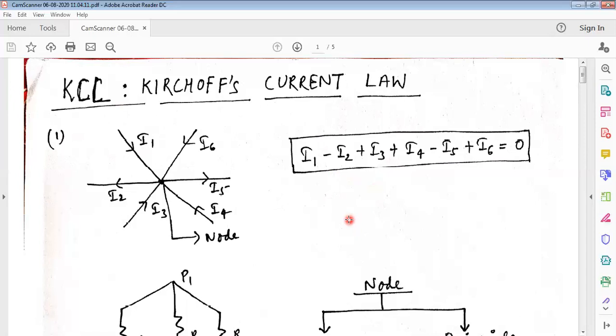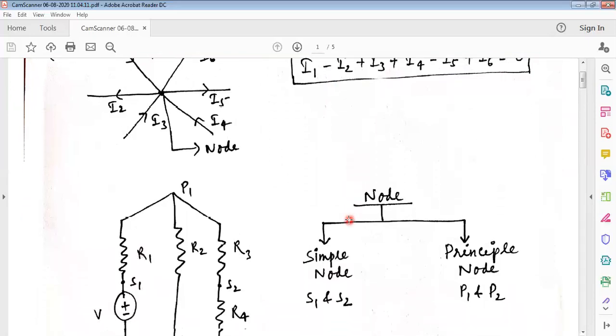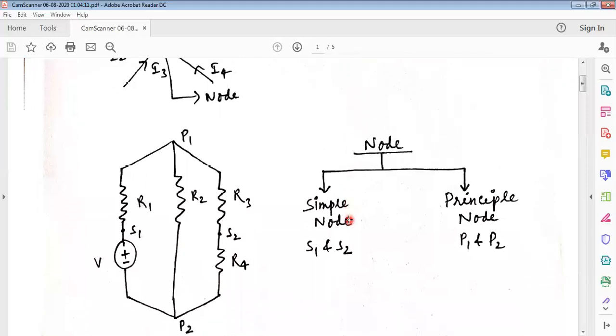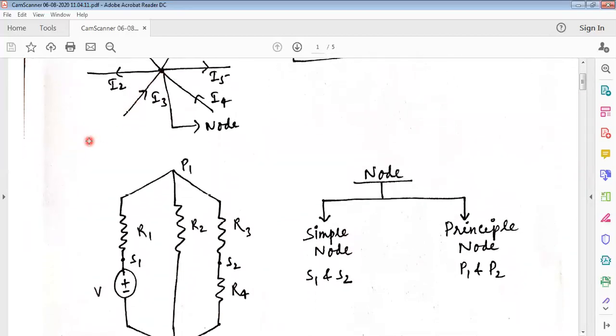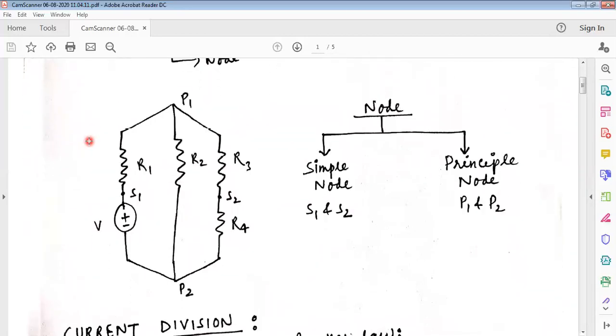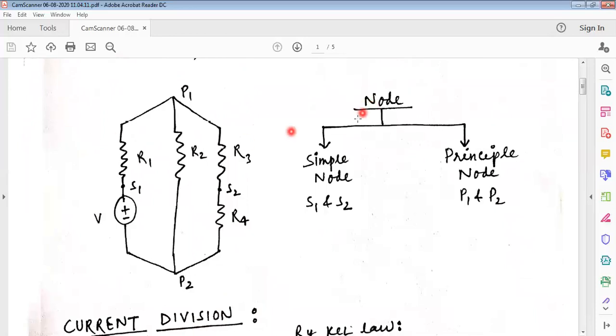Now let's see another two important concepts. What is the node? I mentioned here that this point is a node. Let's see how you identify the node. Nodes are of two types: one is simple node, another is principal node.